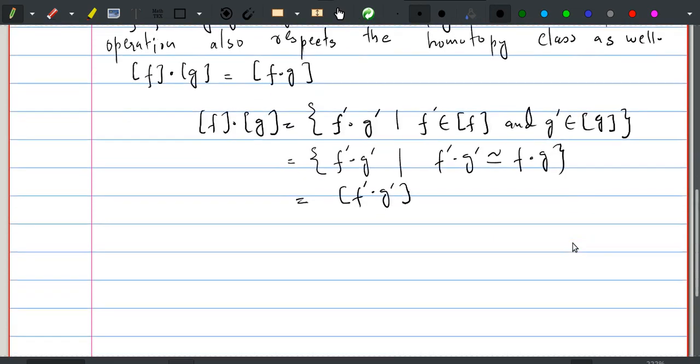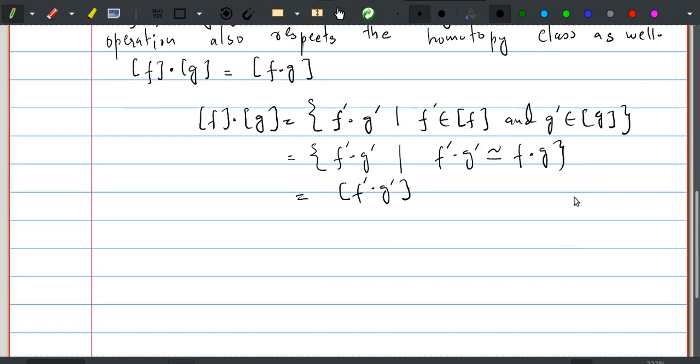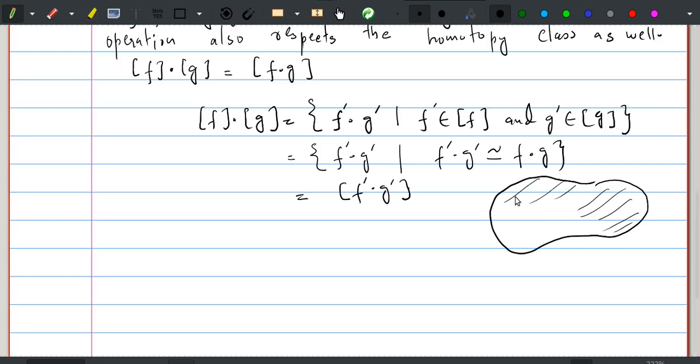So what I'm actually trying to say is that, suppose we have a surface like this. Now this surface has, say, some hole here.